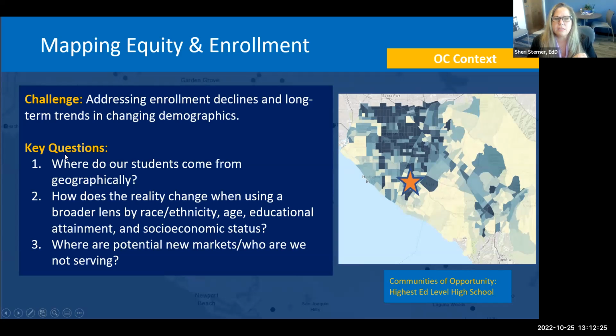Something somewhat unique about Orange Coast College is that we have one of the youngest student enrollment populations across the state. Our average age is about 24, and 45 to 46% of our students are under 21. A lot of those students are coming directly from high school.